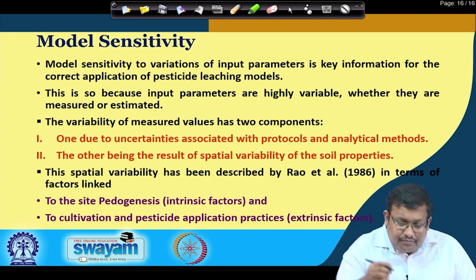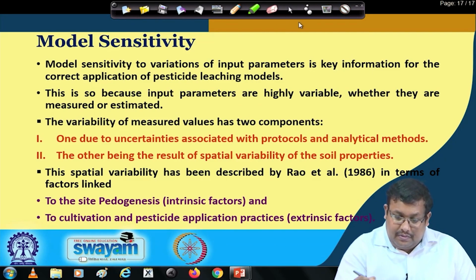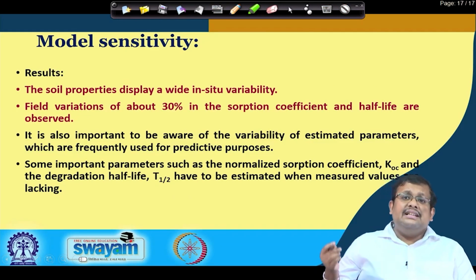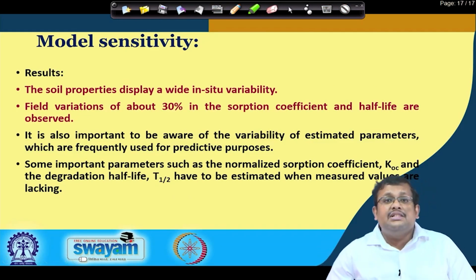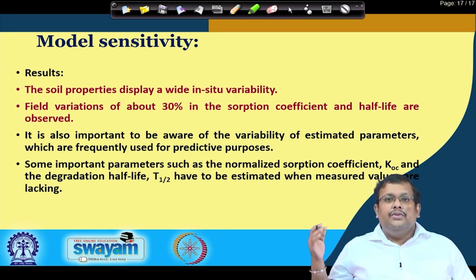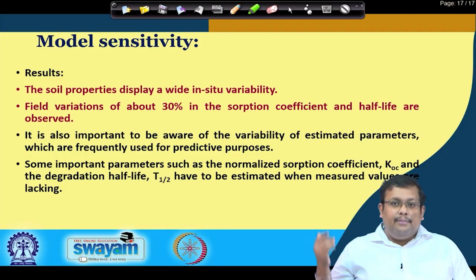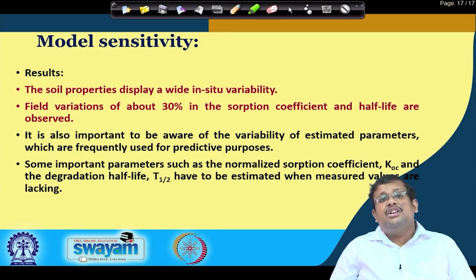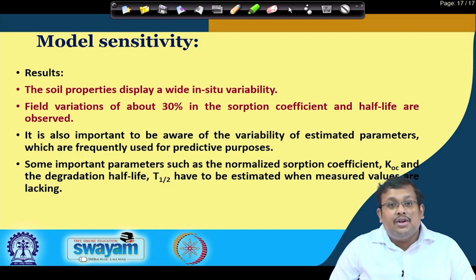As a result, the soil properties display wide in situ variability. Obviously, as we have already told you, soil structure and soil porosity show a wide range of variability, and a field variation of about 30% in the sorption coefficients and half life is also observed.